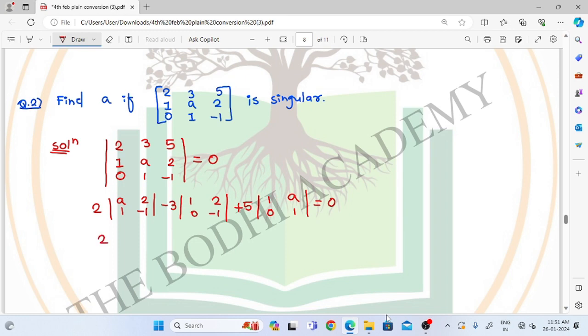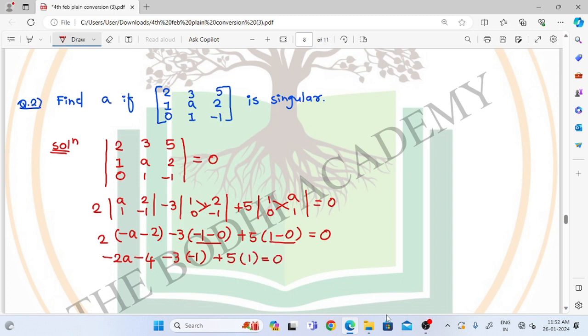So 2 times (a into minus 1, that is minus a, minus 1 into 2, that is 2), minus 3 times (1 into minus 1, that is minus 1, minus 0 into 2, that is 0), plus 5 times (1 into 1, that is 1, minus 0 into a, that is 0), is equal to 0.